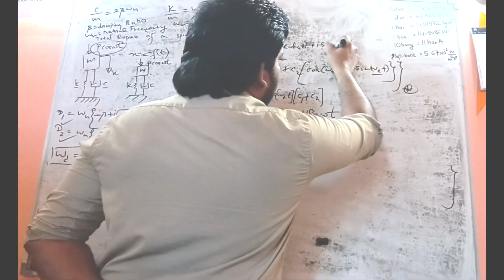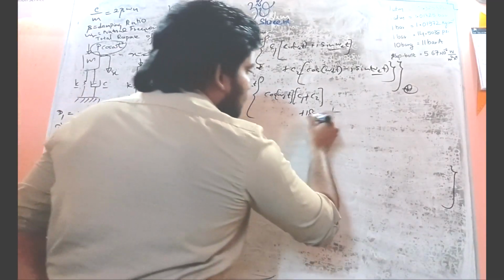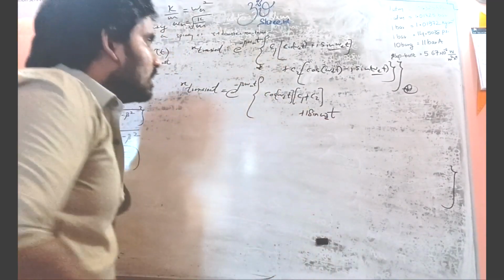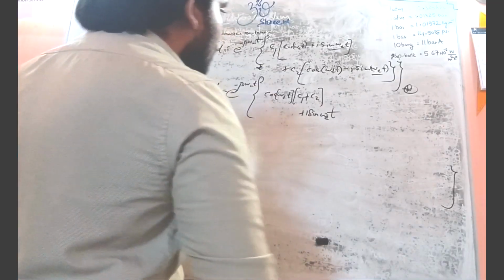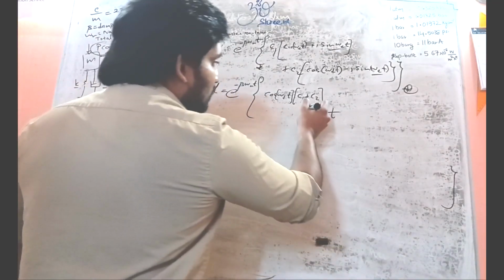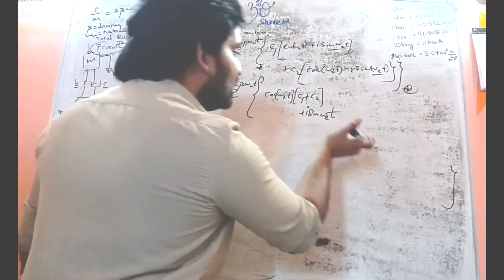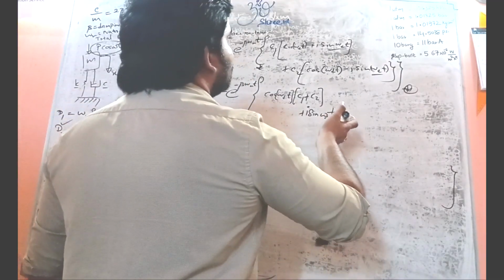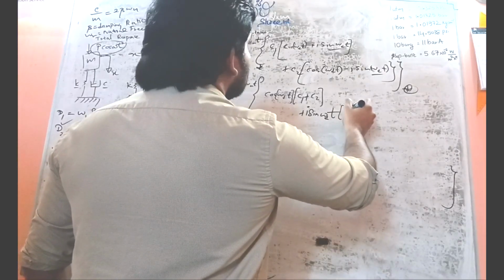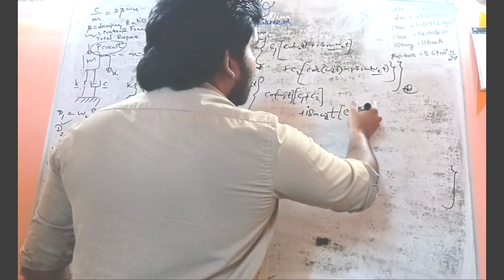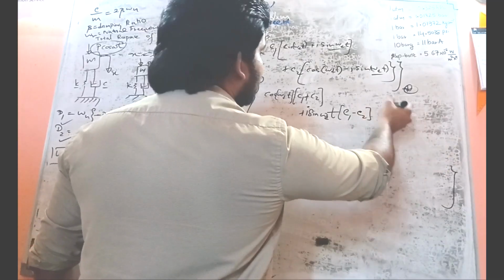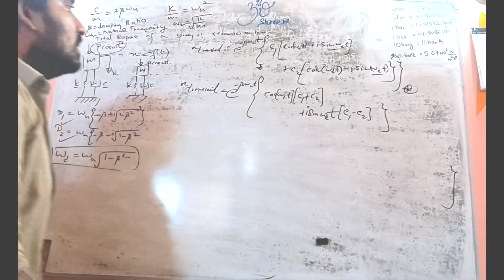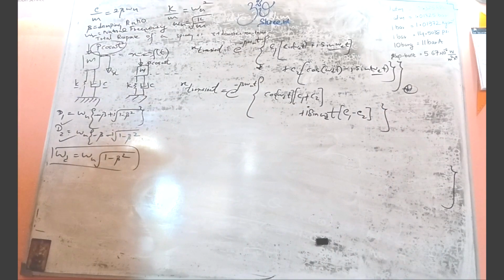You can take it as a factor. Be very careful about putting these terms. So i sine omega d t times what? That will be c1 minus c2. I hope it is clear now. All right.